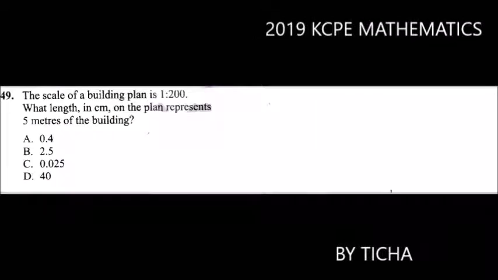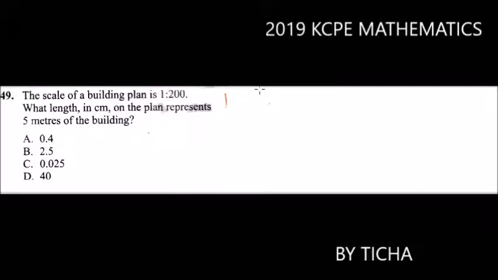Question number 49. The scale of a building plan is 1:200. What is the length in centimeters on the plan that represents 5 meters of the building? First of all, you need to understand how we represent the scale.